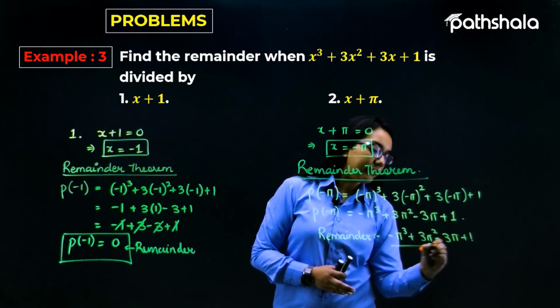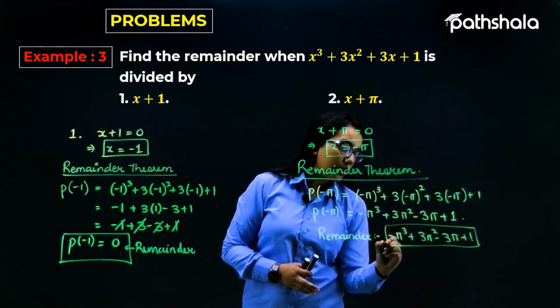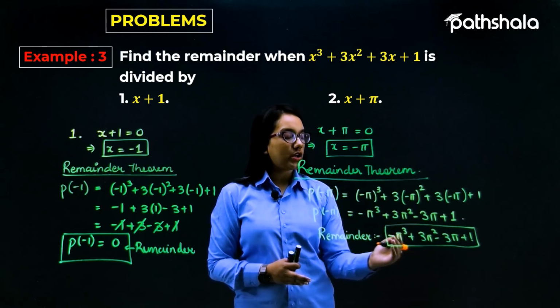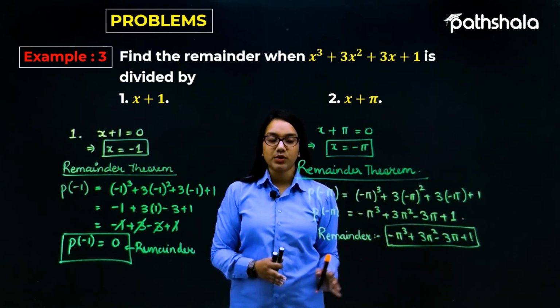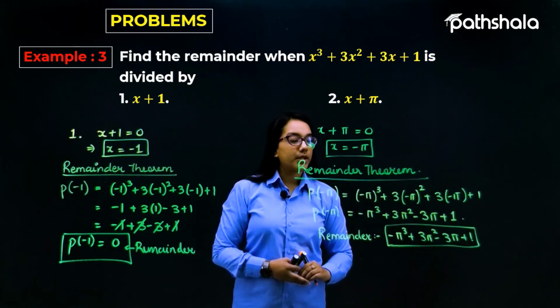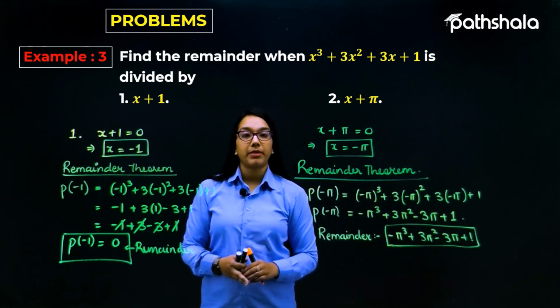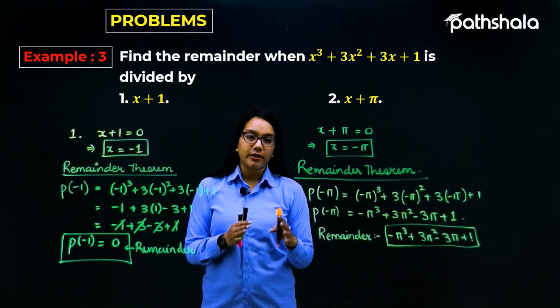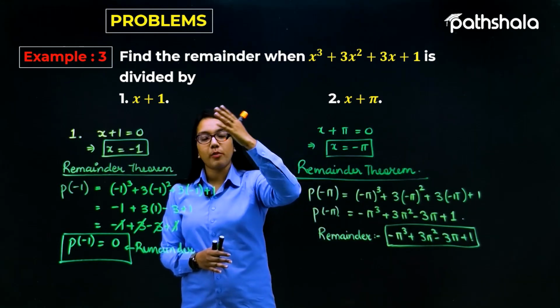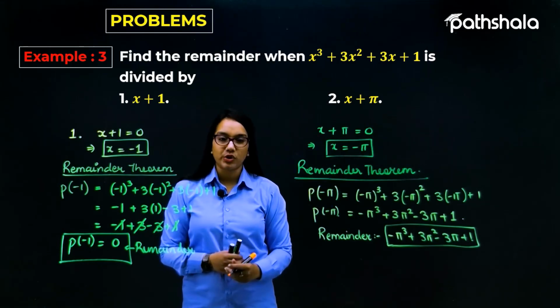We cannot solve it further because there are no like terms, so it remains as it is. So the remainder is minus pi cube plus 3 pi square minus 3 pi plus 1. So this is all about finding the remainder after dividing these polynomials using the remainder theorem.